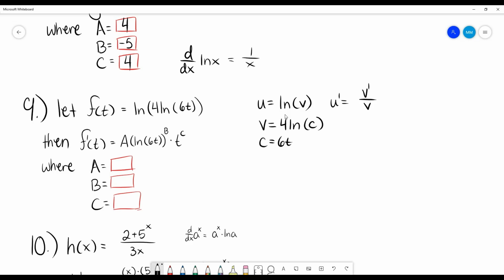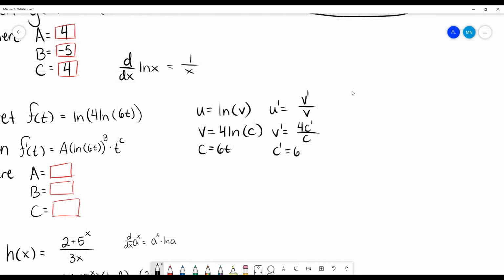So it looks like that right now. And the derivative of v is going to be 4 times the derivative of the natural log of c, which is 1 over c, because the derivative of natural log is just 1 over whatever is inside. And then our c prime is just 6.